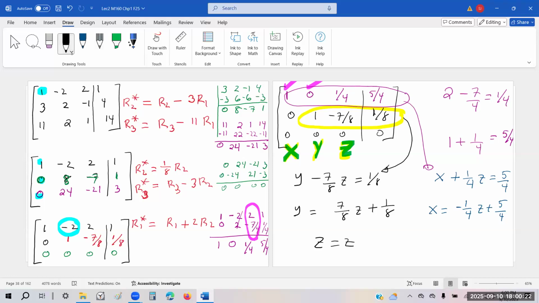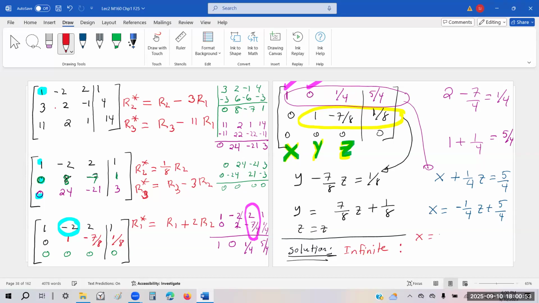So how do we write this solution then? Z is Z. So for the solution, we write infinite, but then for infinite, we have to indicate each variable.